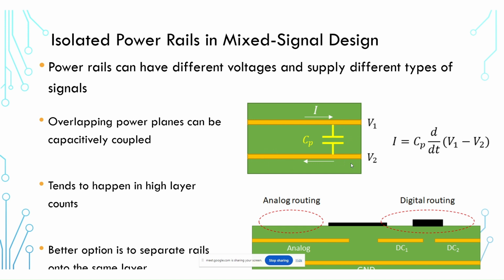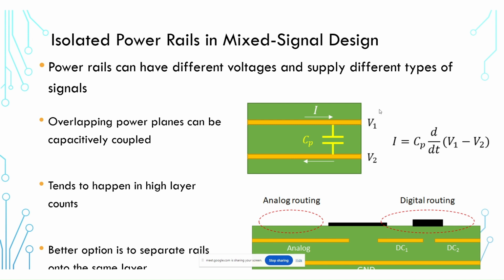The capacitance between them determines the displacement current that starts moving through this capacitor over time, and that's given by the equation on the right. Basically, it's based on the time derivative of the difference between these two voltages. It's a pretty basic equation from electronics.